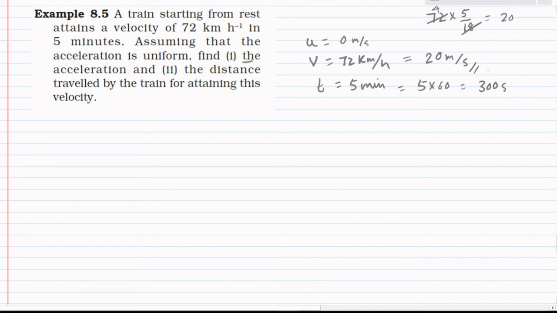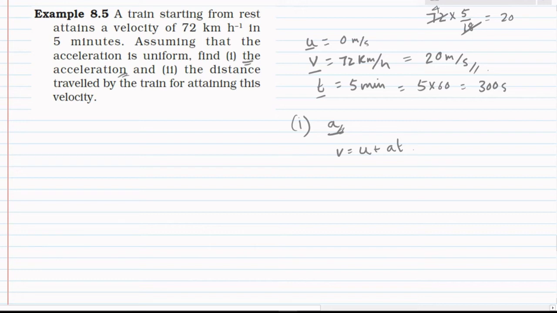Now let's come to the question. The first thing that they're asking is the acceleration. Let's just write number 1, acceleration. So let's look at what we have. We have u, v, t, and we want a. The first thing which comes to our mind is v equals u plus at. Just substitute the values.